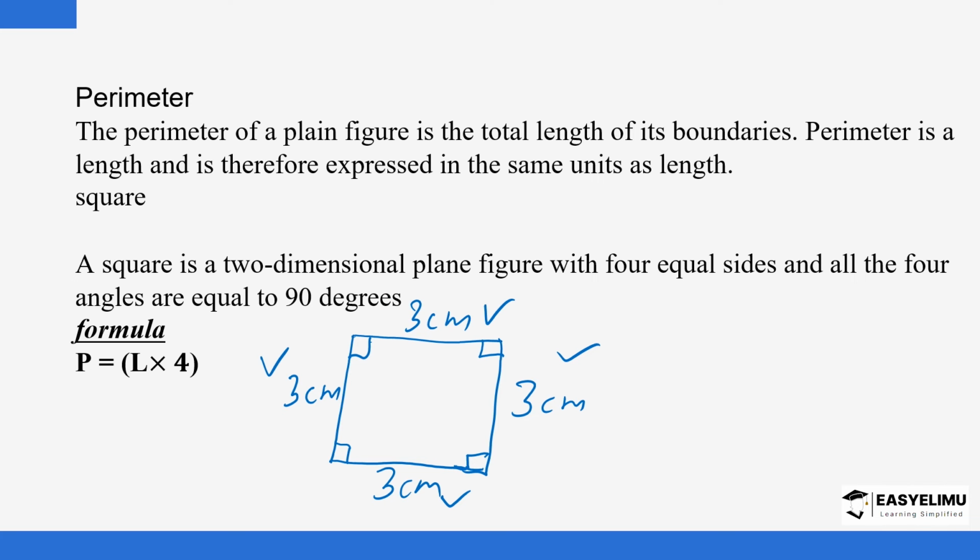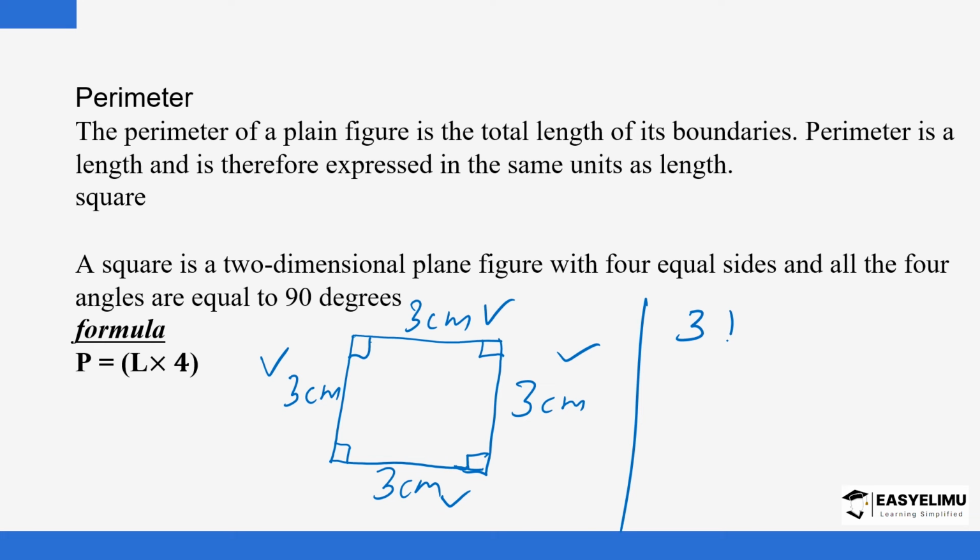Now, if you add a number repeatedly, it's just the same as taking that number and multiplying it by the number of times it is added. For example, if you add 2 plus 2 plus 2, you can just do 2 times 3. So this is a square, and all the sides are the same, so we are going to add the same number 4 times.